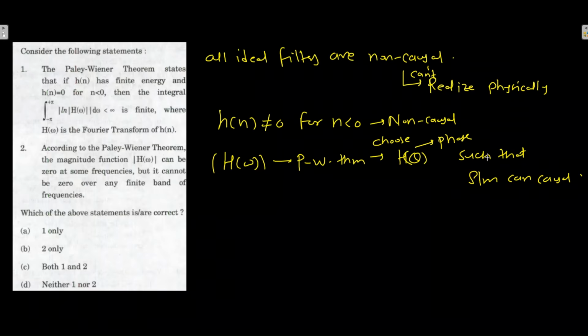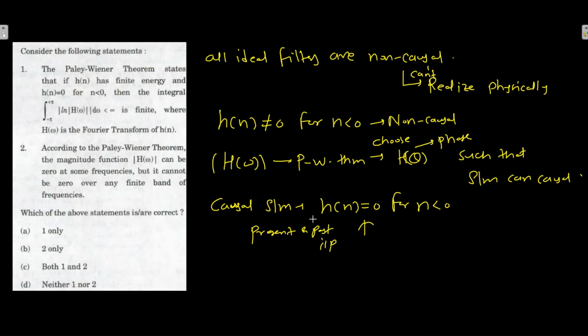From here we learn two key points about causal systems. First, obviously, h of n is equal to 0 for n less than 0. What is a causal system? For those who don't know, the output depends on present and past input only. That system is called causal. And if it depends on the future, then we call it non-causal.